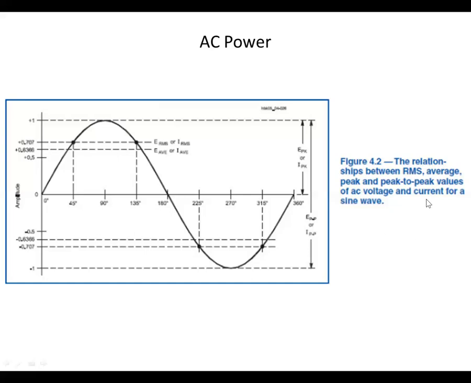And then there's an average here, which is 0.6386 times your peak value. And you can see that the average power is lower than the RMS power. But typically, when you're looking at power of an AC waveform, you're looking at the RMS value or the peak envelope power, which would be from here to here.